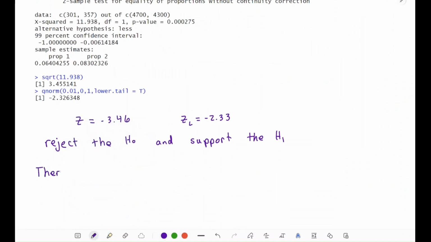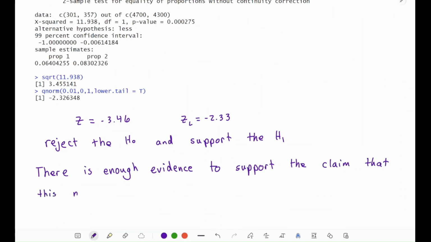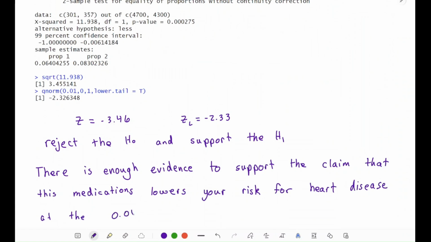So there is enough evidence to support the claim that this medication lowers your risk for heart disease at the 0.01 significance level.